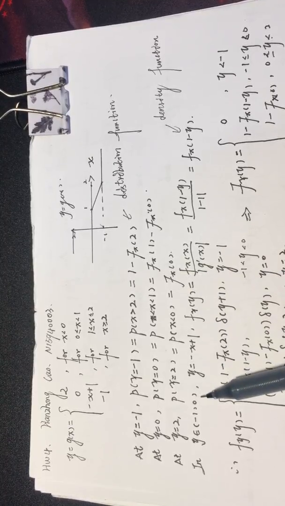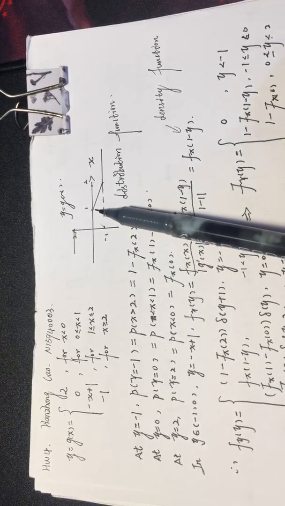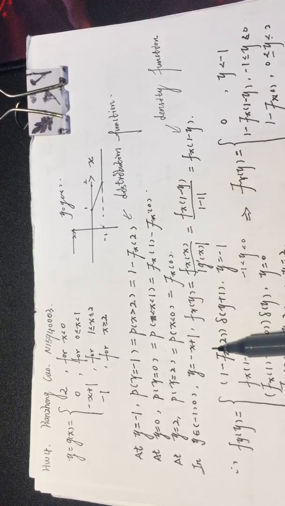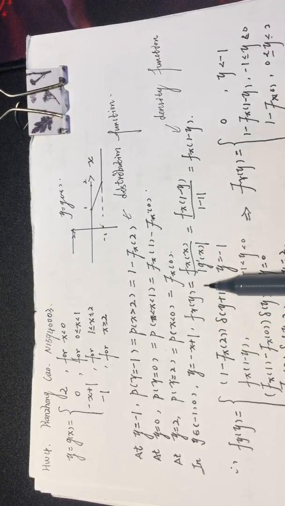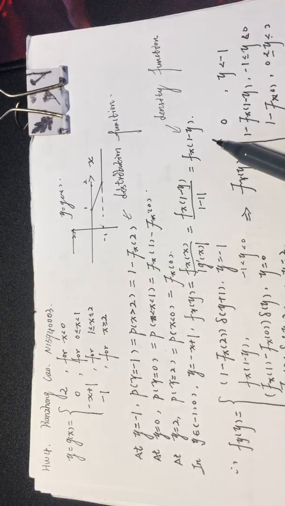The fourth one is that y is between minus 1 and 0 and is a linear function. Y equals minus x plus 1, and we can use the equation and the density function to calculate it.